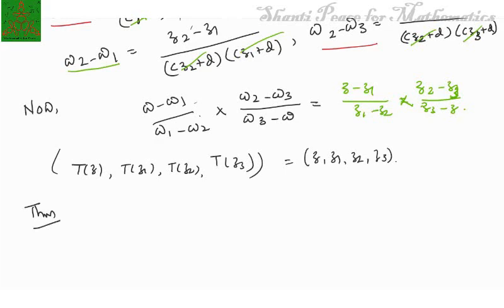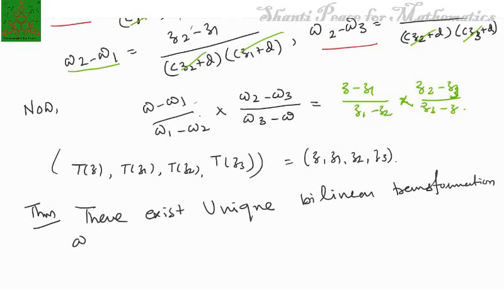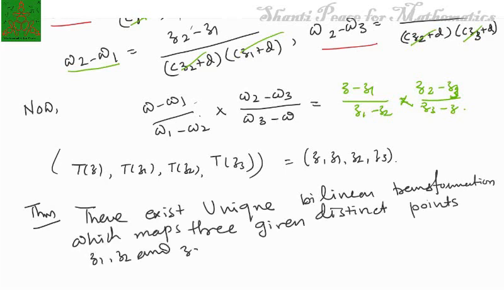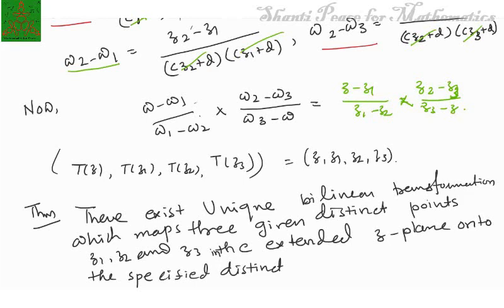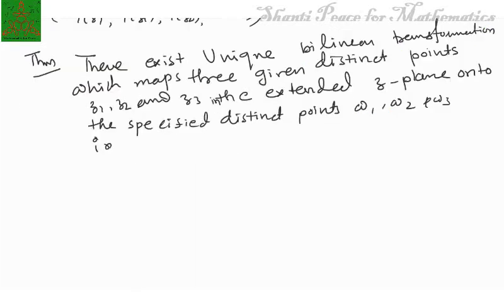It says that there exists a unique bilinear transformation which maps three given distinct points Z1, Z2 and Z3 in the extended Z plane onto the specified distinct points W1, W2 and W3 in the extended W plane respectively. So we need to prove that such a bilinear transformation exists, and also that it is unique.